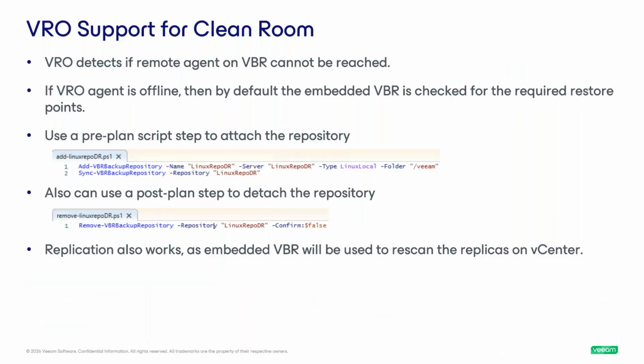Now, with clean room, we're actually utilizing some custom scripting to detect if a remote agent on VBR cannot be reached. When that is not reachable, if the VRO agent is offline, then by default the embedded VBR is checked for the required restore points. So it's going to take a look.